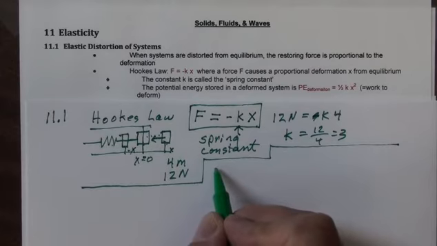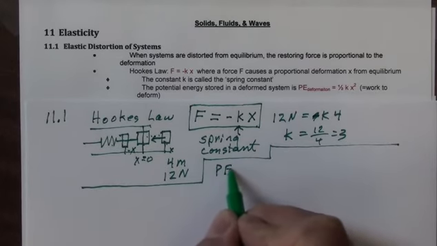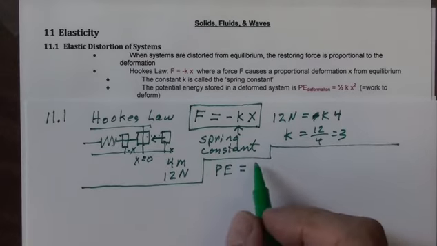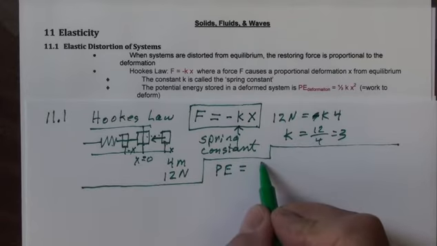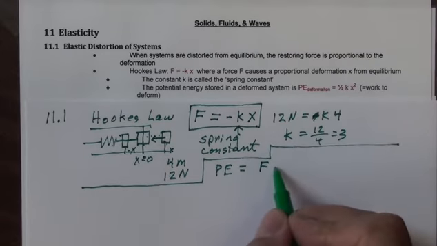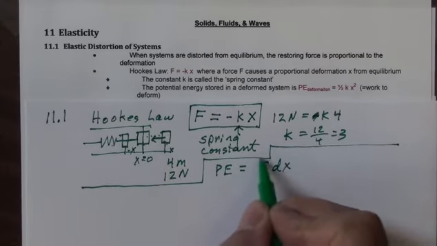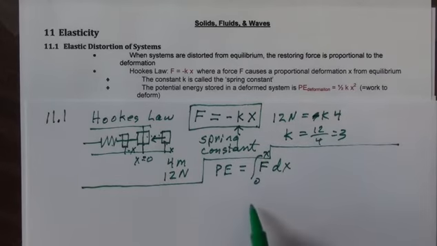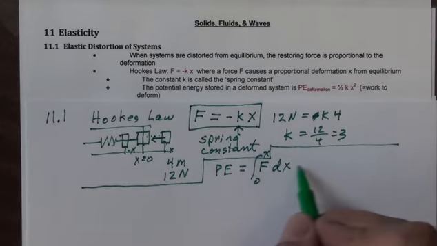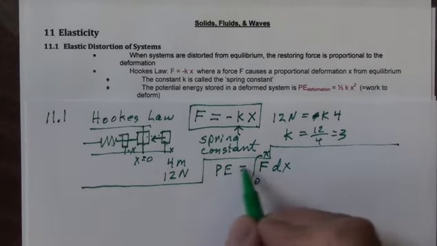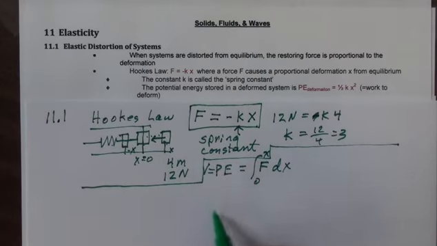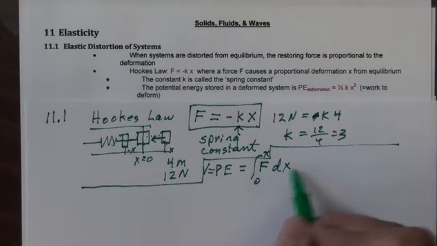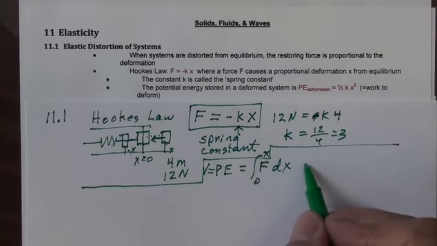If we look at the potential energy, then the potential energy of a system is going to be equal to the force times the distance, integrated from 0 out to a distance x, let's say. This is the potential energy, or we could call it the potential. Let's call it V. V would be a function of x then.